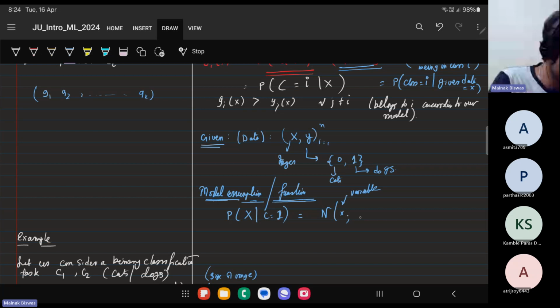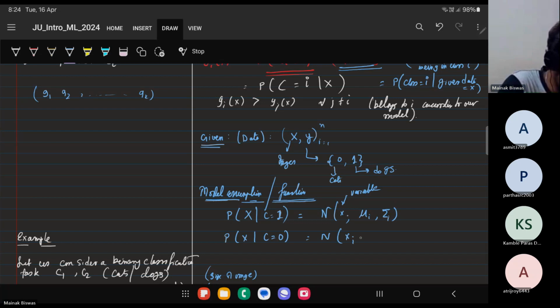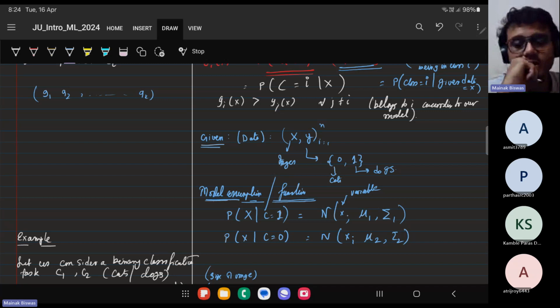X is the variable, with mu_i and sigma_i. So this is a normal distribution I'm assuming, and this is my choice of the parameters. So X given class equal to 0 is normal of X, comma, mu 2, sigma 2. Any questions, any doubts, please ask before I go into the solutions, because the fun is here.